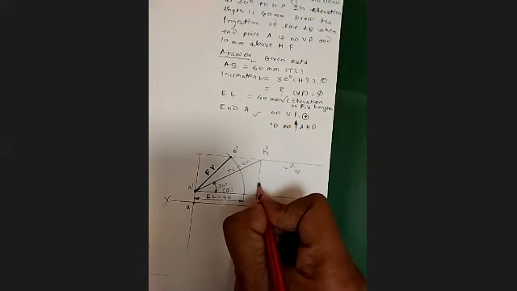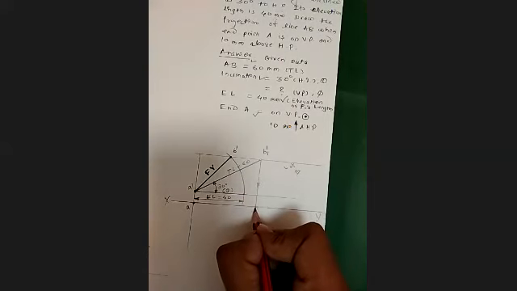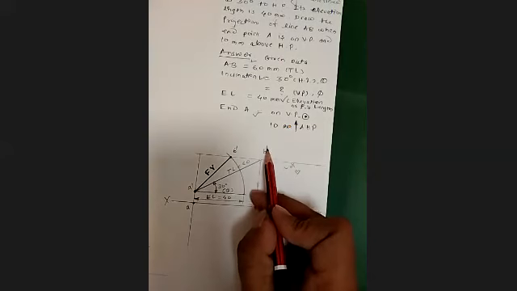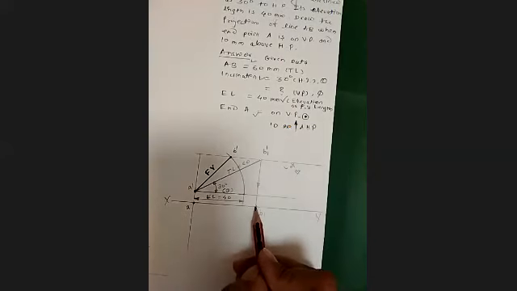Similarly, this will give the point B1. Taking projection from B1 dash, obtain this B1.